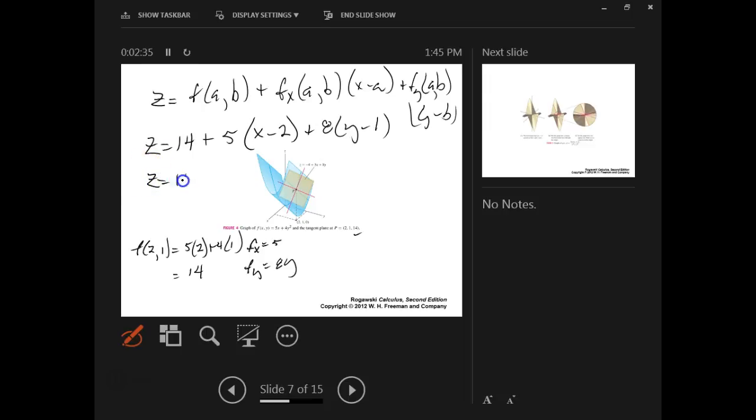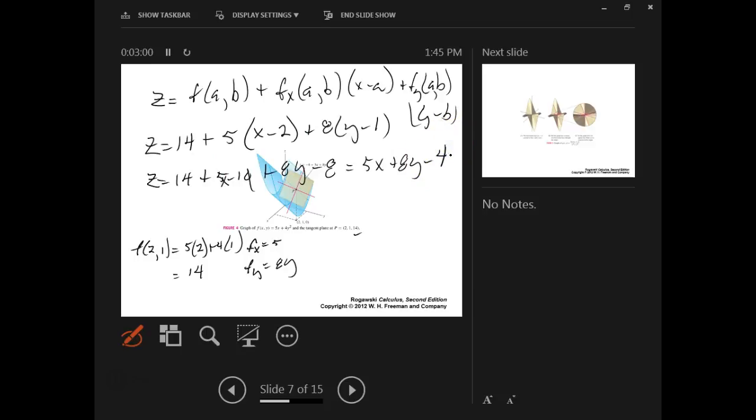z is equal to 14 plus 5x minus 10 plus 8y minus 8, which is equal to 5x plus 8y, and you have 14 minus 18, which would be minus 4.